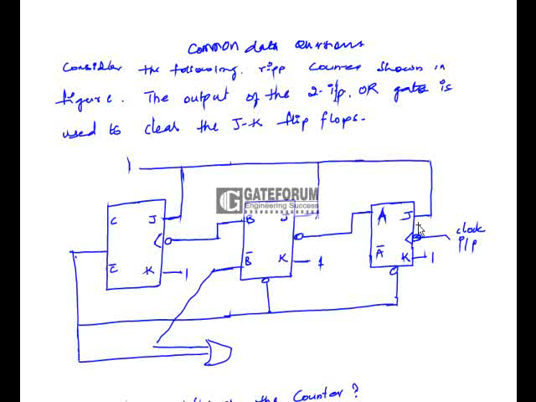Ripple counter means the output of the first flip-flop is supplied as clock to the second flip-flop, and the output of the second flip-flop is supplied as clock to the third flip-flop. Here the flip-flops are JK flip-flops, and the clock is negative edge triggered.